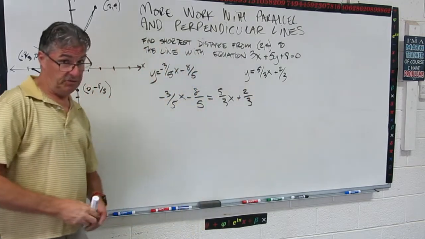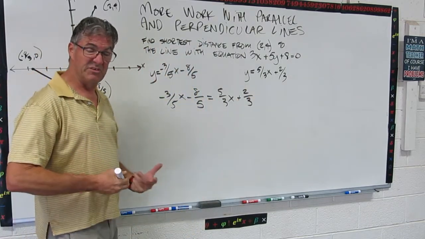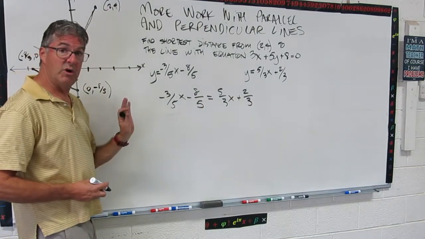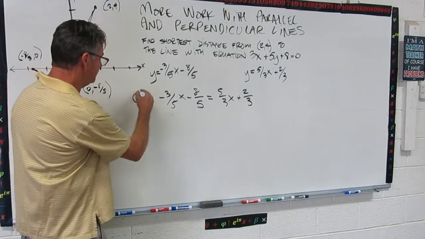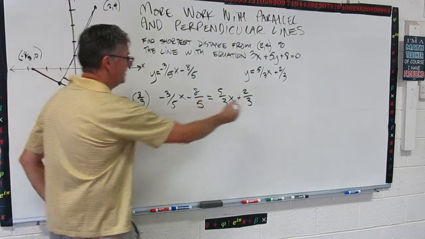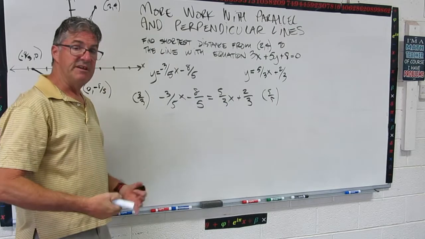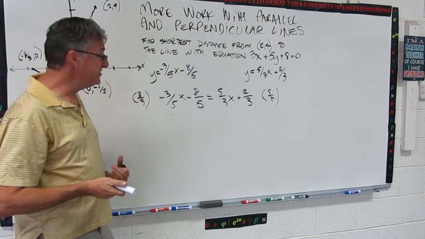Now, I don't know about you, but fractions are bothersome. So I'm just going to fix that right now. I'm going to multiply both sides of the equation by a form of 1. This one's going to be 3 over 3, and this one's going to be 5 over 5. These are the numbers I need to make the denominators the same all across the equation.